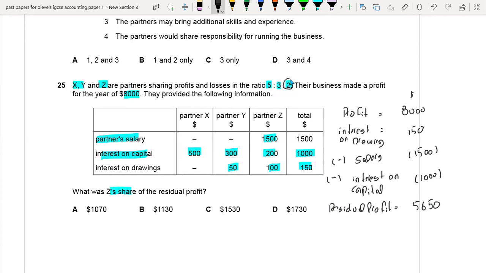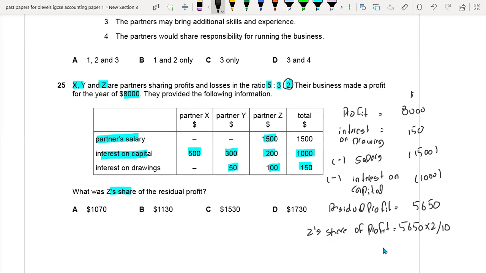Z's share is 2, and add all the ratios to make a base. 5, 3, and 2 is equal to 10. So it means that Z's share of profit is equal to 5650 multiplied by 2 divided by 10.